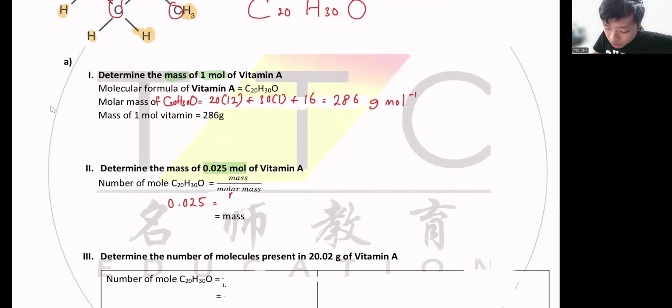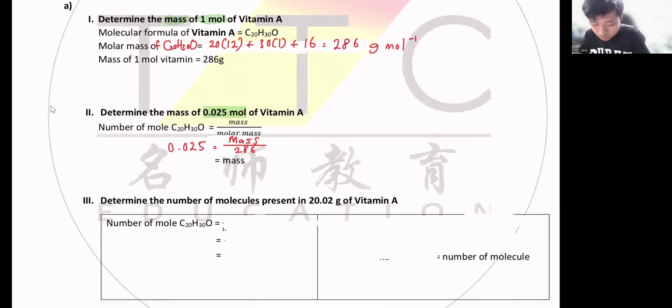Then the mass you have to find it. Molar mass just now is 286. How much? Okay, 7.15 gram. Unit gram, for mass.